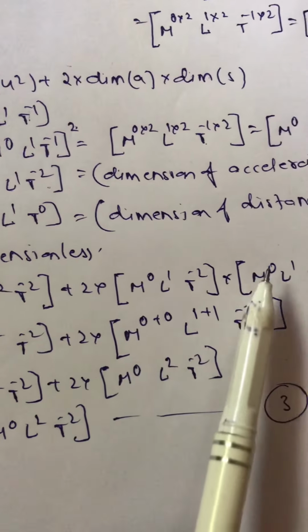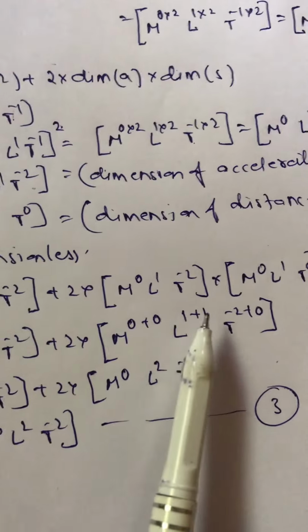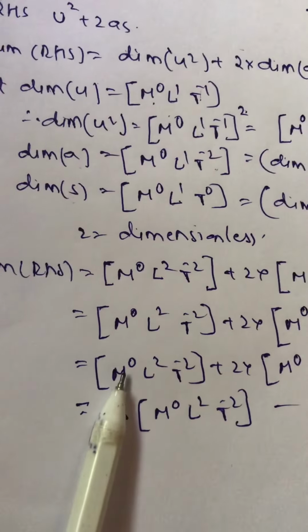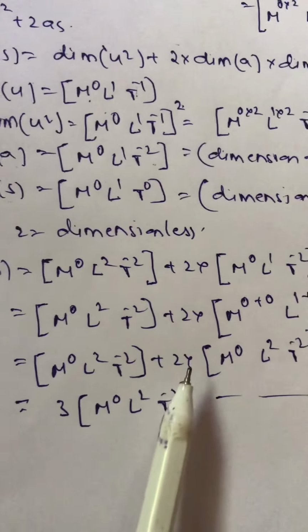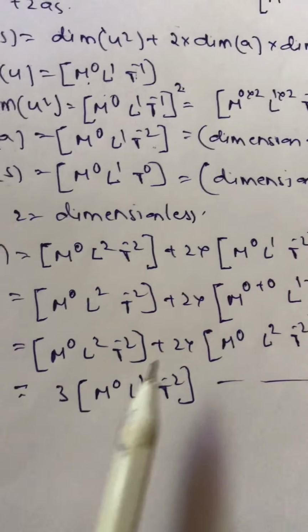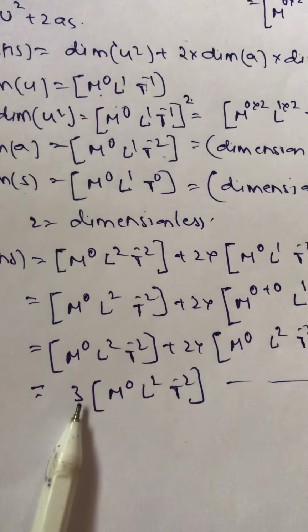So 0 plus 0, 1 plus 1, T -2 plus 0. So that will be equal to M^0 L^2 T^-2 plus 2 into M^0 L^2 T^-2. When you add these, you get 3 M^0 L^2 T^-2. Naturally 3 is a dimensionless quantity.